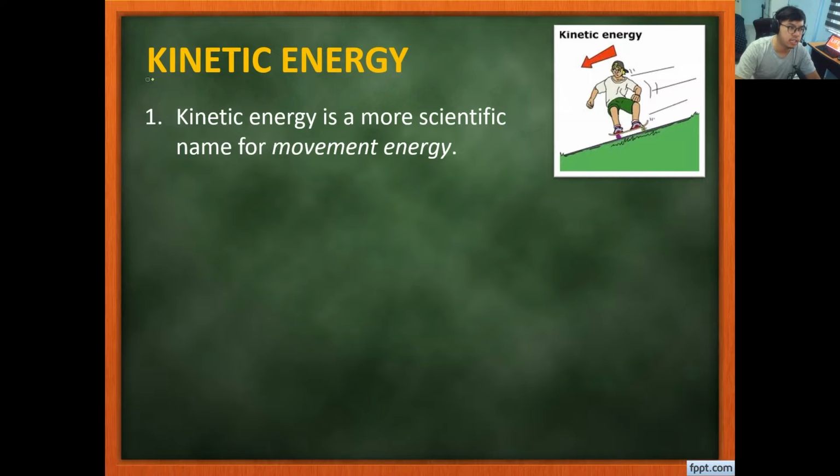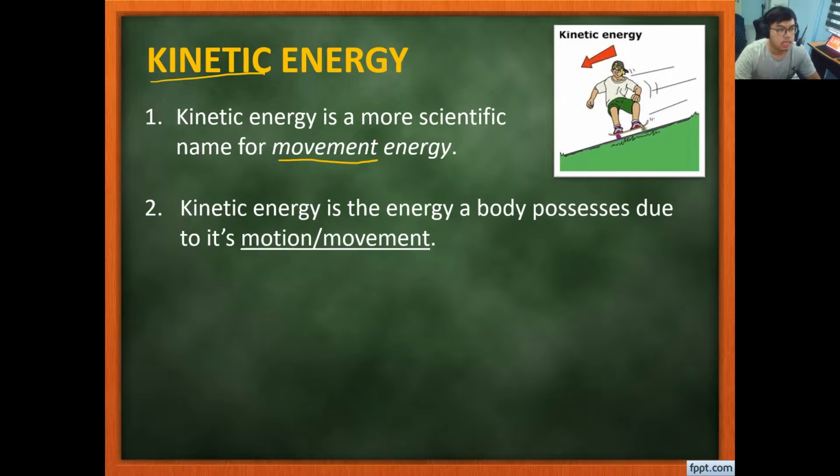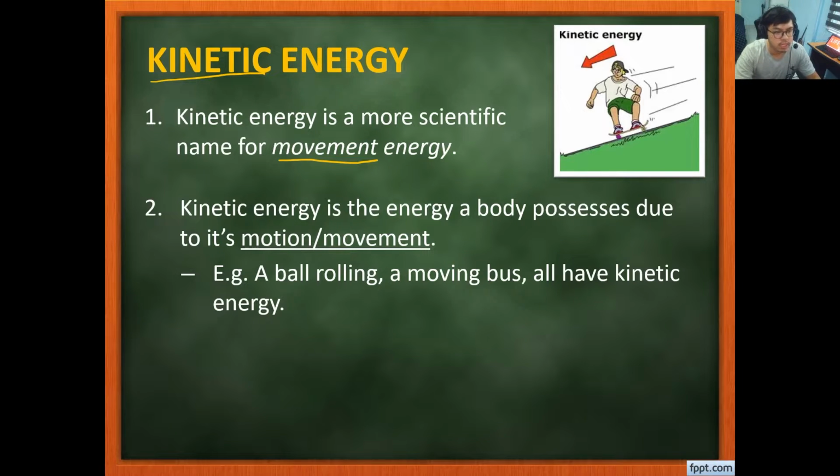Kinetic energy is the energy that a body possesses due to its motion or movement. So if anything has movement, we say it has kinetic energy. A ball rolling, a moving bus, all of these have kinetic energy.